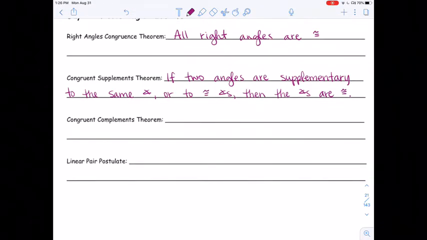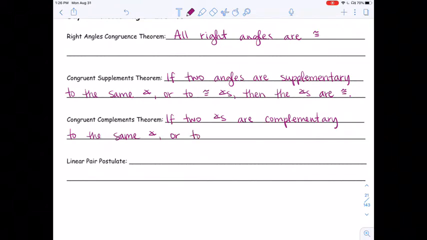So the same thing can be said about our congruent complements theorem. If two angles are complementary to the same angle, or two congruent angles, then the angles are congruent.